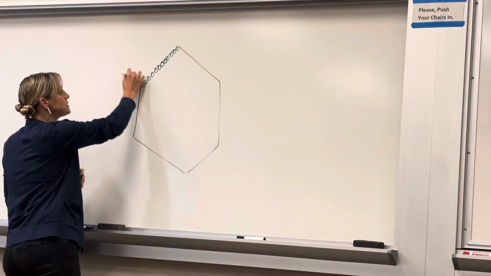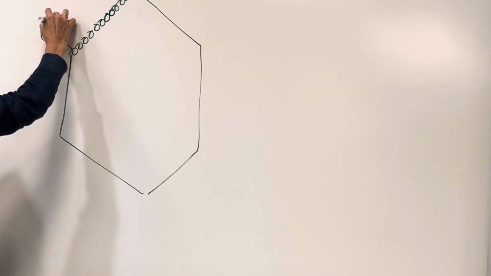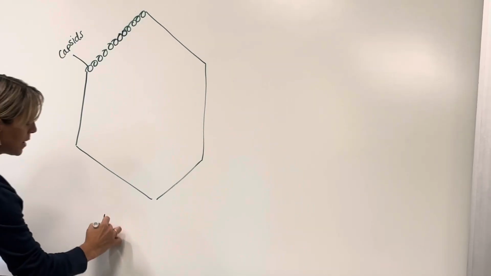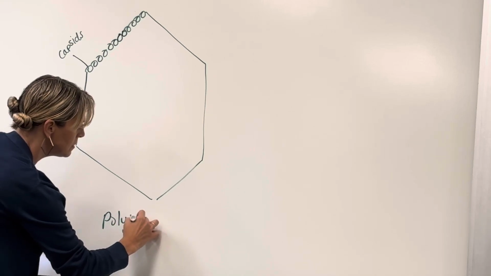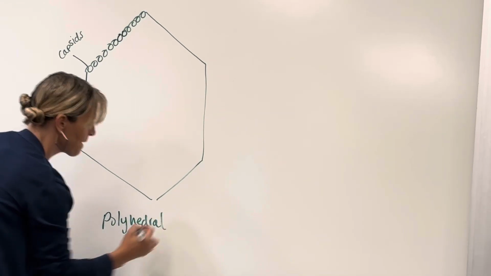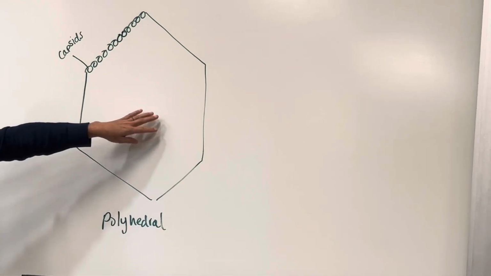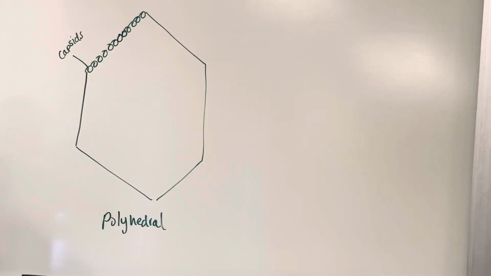These are proteins called capsids. So this is a polyhedral virus. Many sides. That's just a many-sided virus where the capsid forms this many-sided shape.